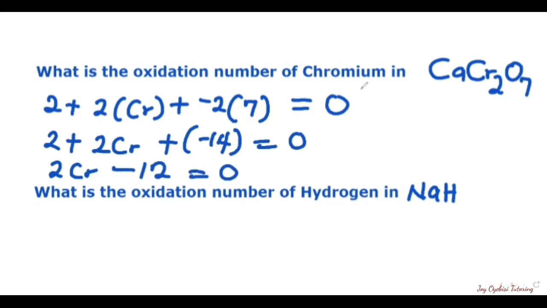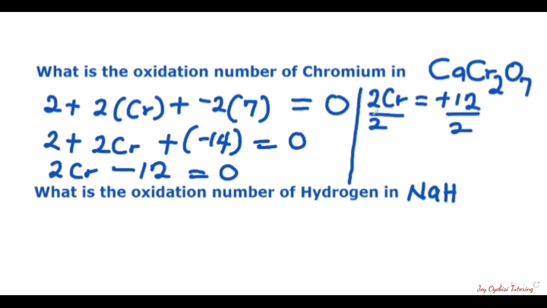Okay, all right, 2Cr will be equals to 12, moves to this side and the sign turns to plus, and to get just the chromium you divide all through by 2 and that will give us 6. So chromium will be equals to +6 in this compound.